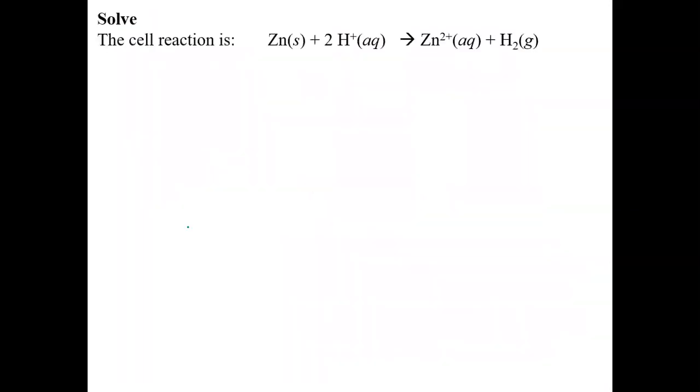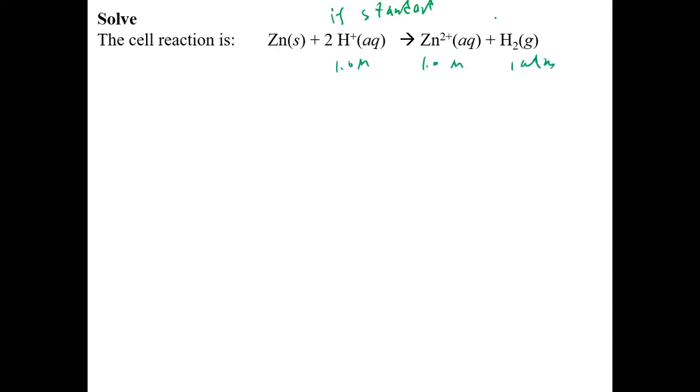So to do that, obviously, we need to know the cell reaction equation. The cell reaction equation is given as this, and you can see here we have the numbers. If standard, we know this will be 1.0 molar, this 1.0 molar, this is 1 atm.